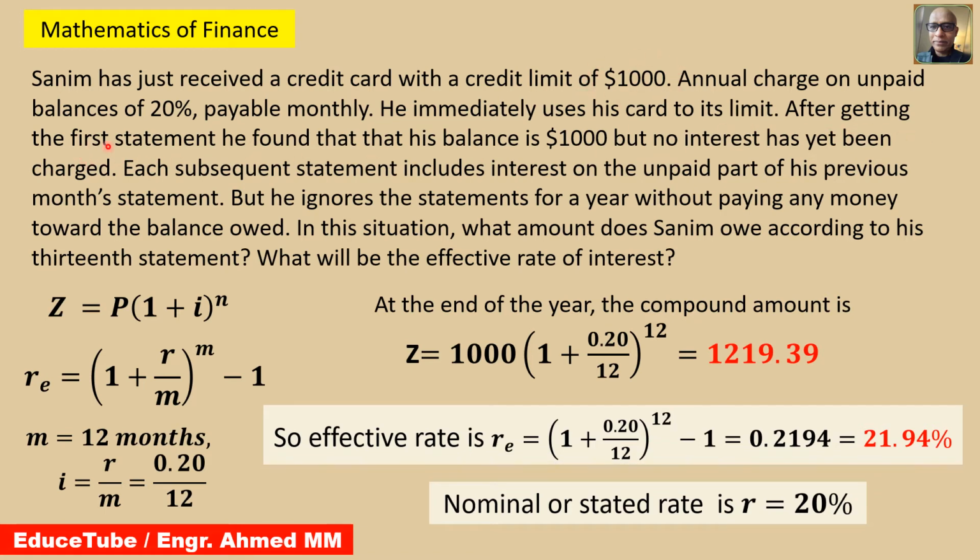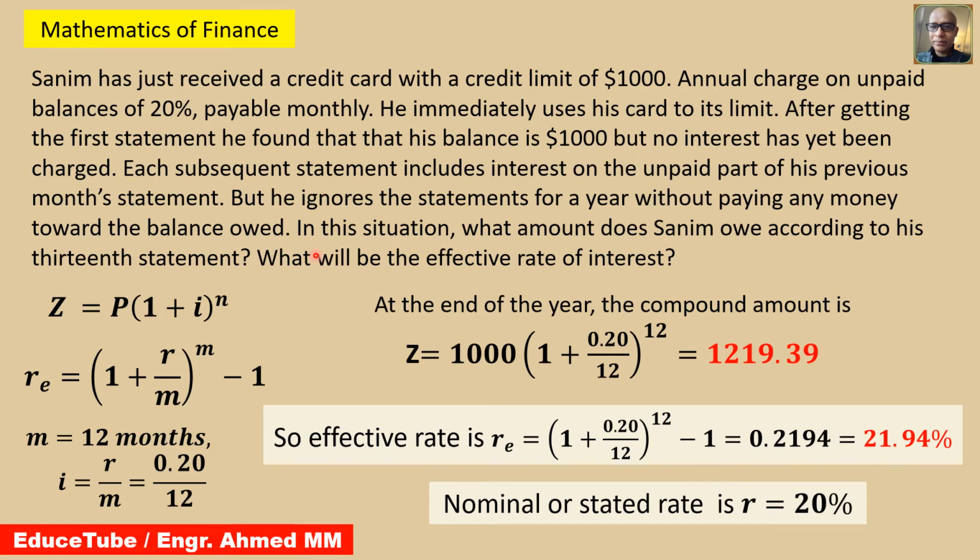After getting the first statement, he found that his balance is $1,000, of course, but no interest has yet been charged. Each subsequent statement includes interest on the unpaid part of his previous monthly statement, but he ignores the statements for a year without paying any money towards the balance owed.